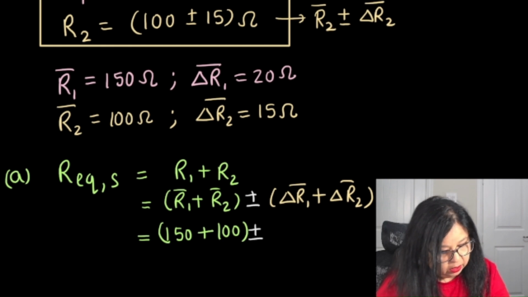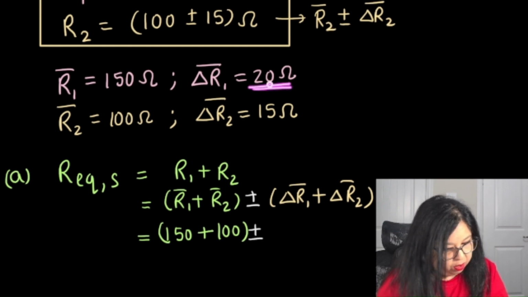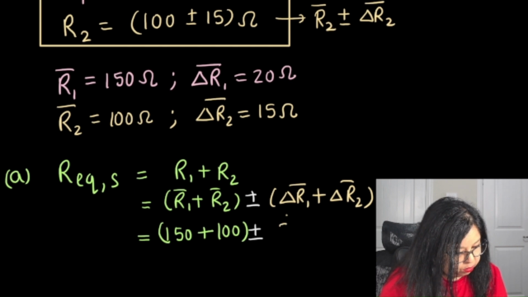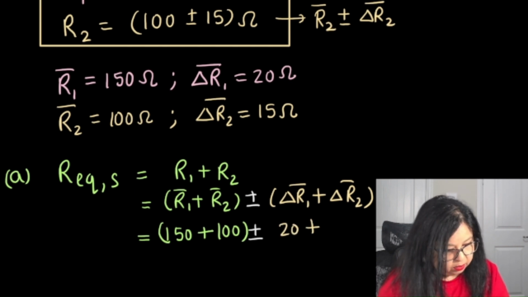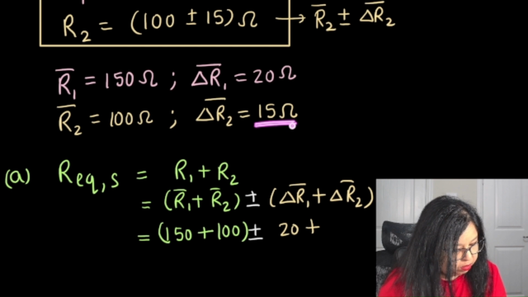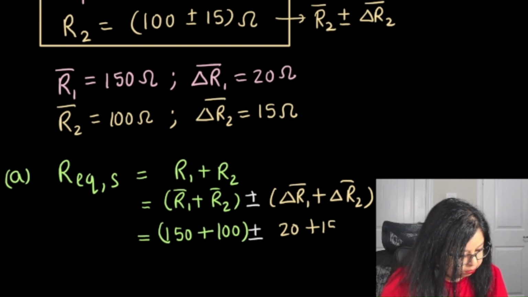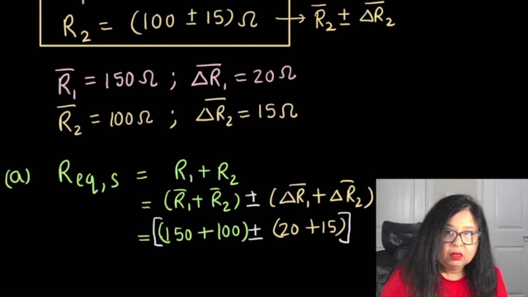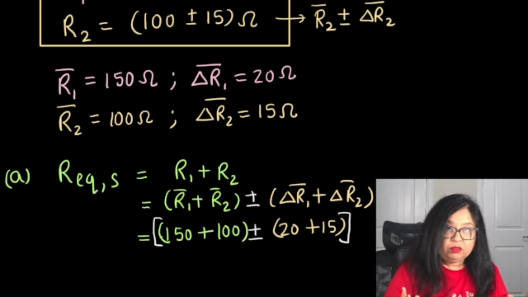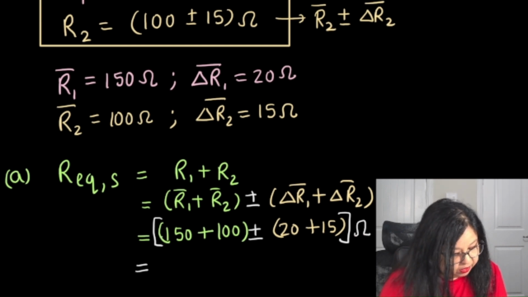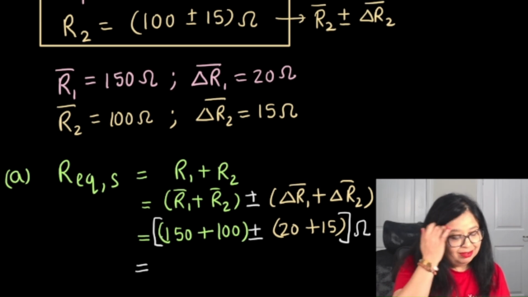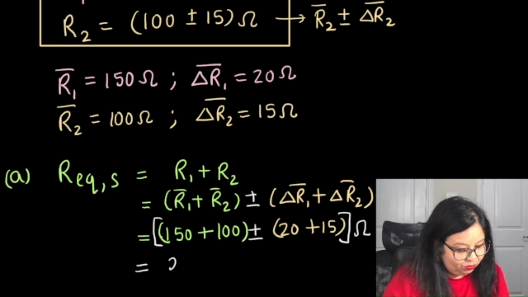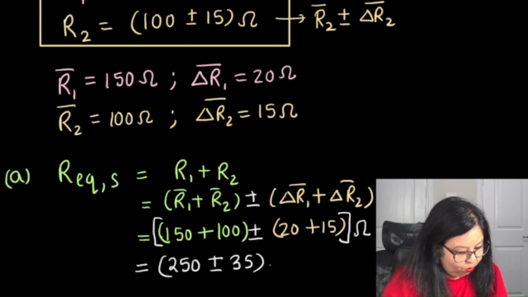Plus minus delta R1 bar, 20. Plus delta R2 bar, 15. Now I'm going to put parentheses around this entire expression and put ohms on the outside. Okay, what does this give us? 150 plus 100 is 250 plus minus 35 ohms.